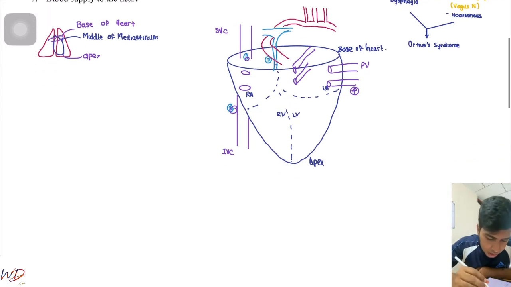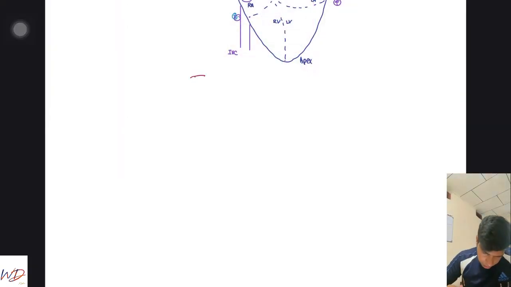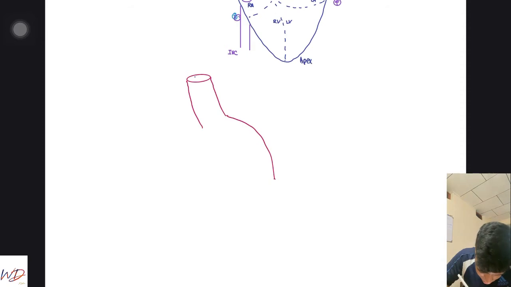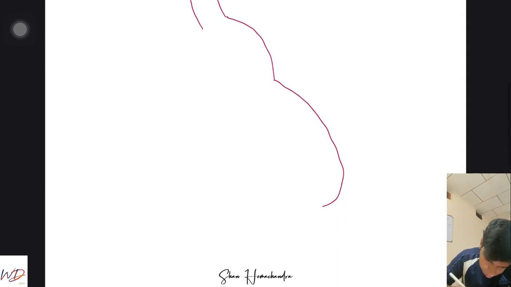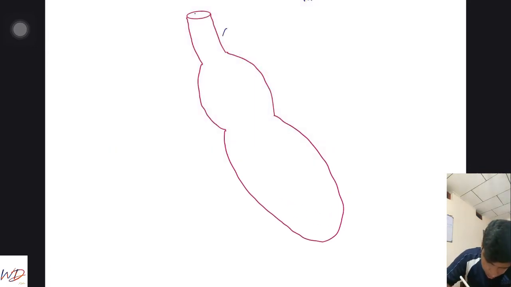There's nothing difficult here. It's all simple things you have learned in high school. So guys, we're going to do the chambers of the heart. For that, we'll draw the heart first. What I'm drawing right now is the left side of the heart.